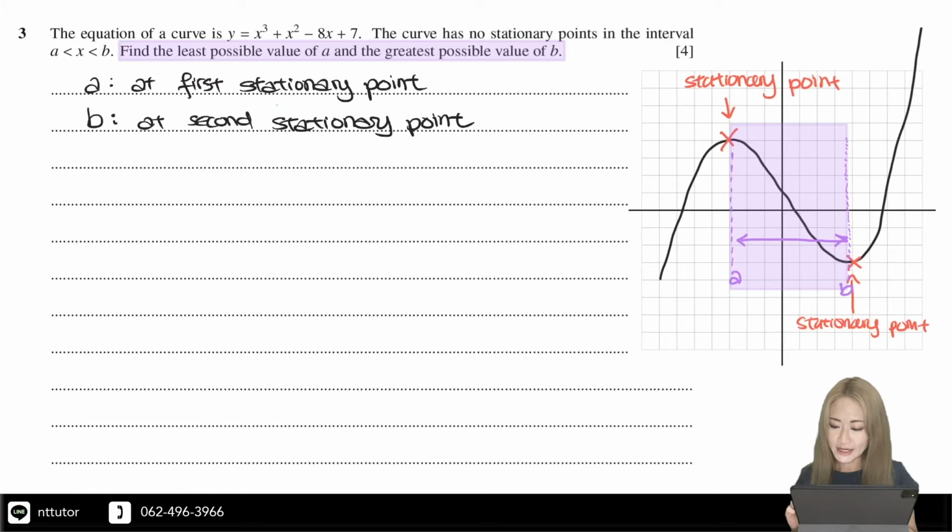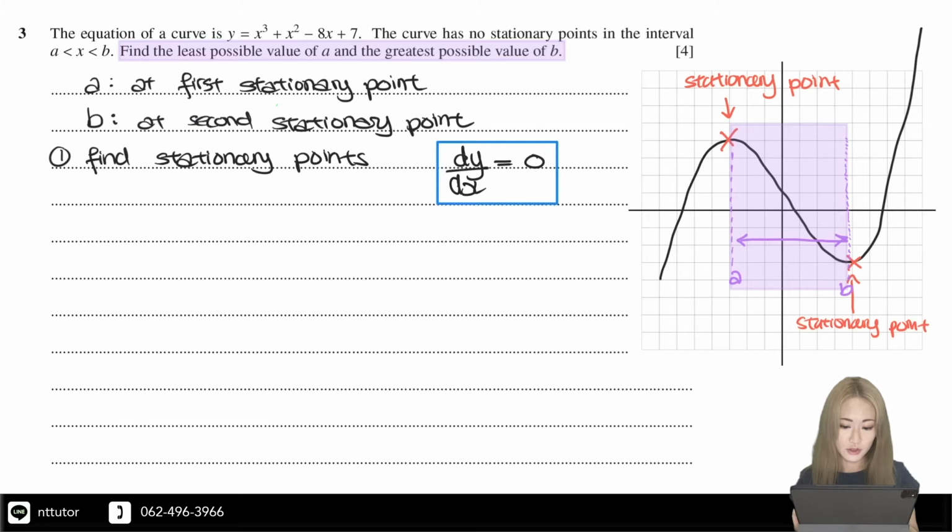So to find A and B, we just need to find the x-coordinate of the stationary point. Therefore, at the stationary point, dy over dx is equal to 0. So we can use that to find the stationary point.